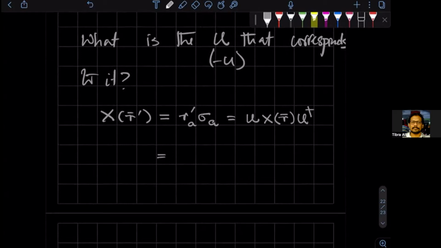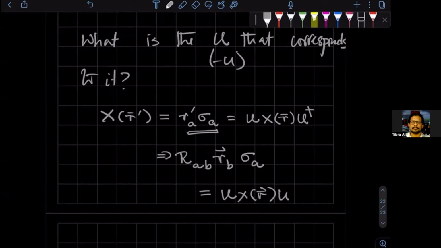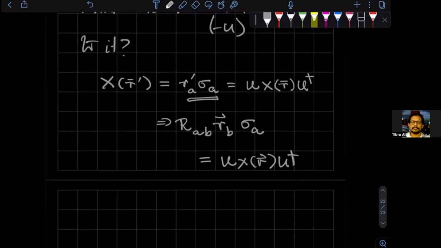But r prime_a can be written as the matrix R acting on r_b. Here repeated indices mean that there's a sum. So this is the left side. The right side is U x·σ of r U dagger. Is this clear what I'm doing?